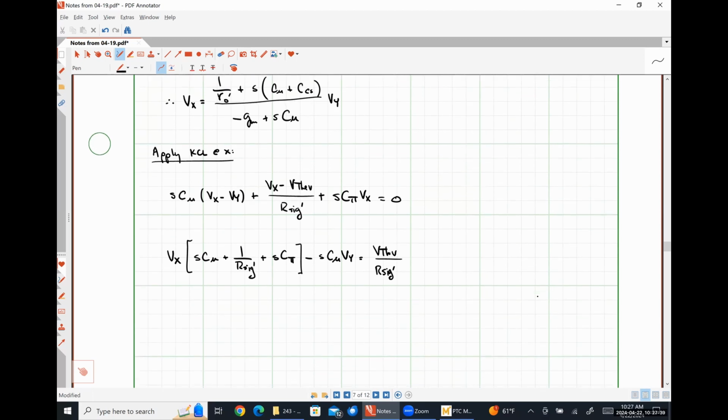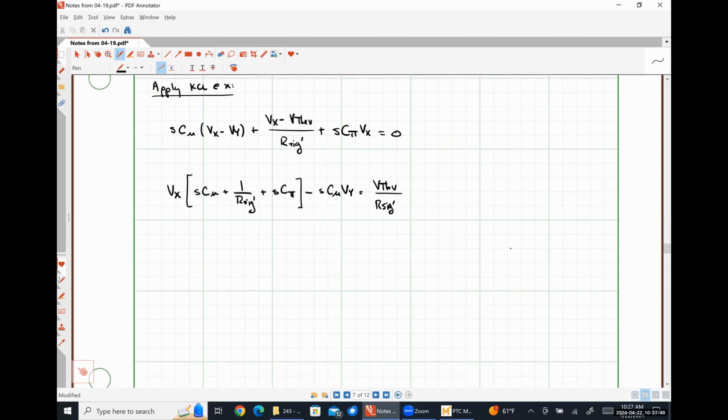And I can now substitute in my relationship for Vx from my KCL at node Y into this equation. And what I wind up getting is this.